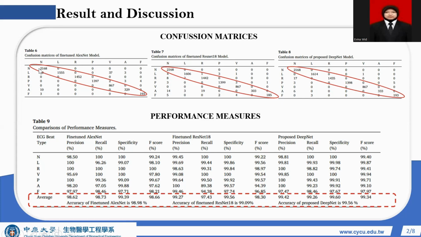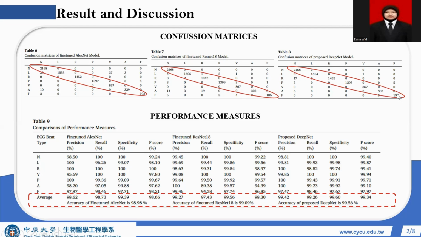It means the total dataset they can predict correctly. So we see here in the red circle, it is the correct prediction of AlexNet, ResNet, and DeepNet.